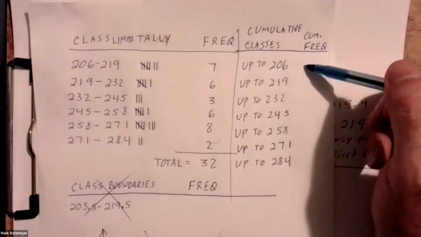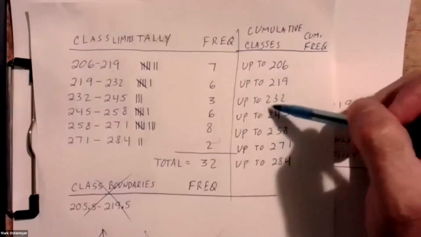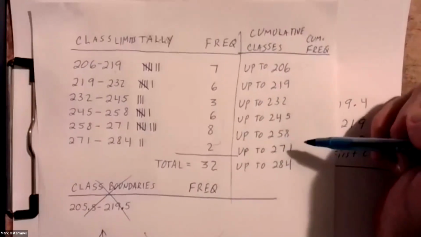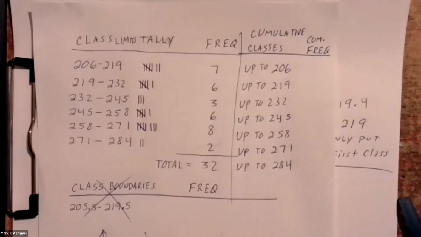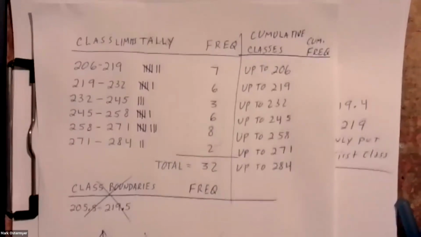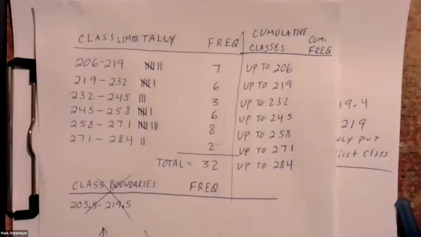So I want you to fill in these cumulative frequencies then, okay? Based on how we established the cumulative frequency classes. So go ahead and do that. So we've converted our frequency distribution table into a cumulative frequency distribution table. That's what we've accomplished here, okay? So go ahead and populate the cumulative frequency column.